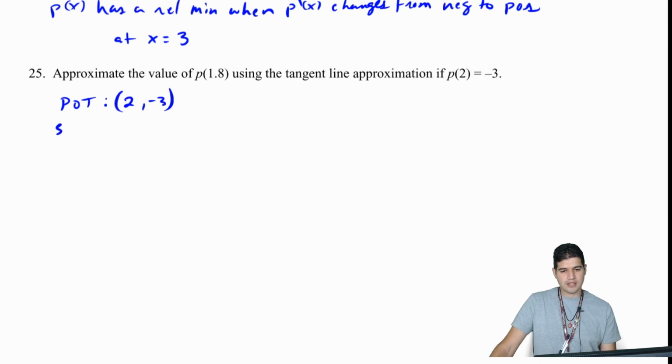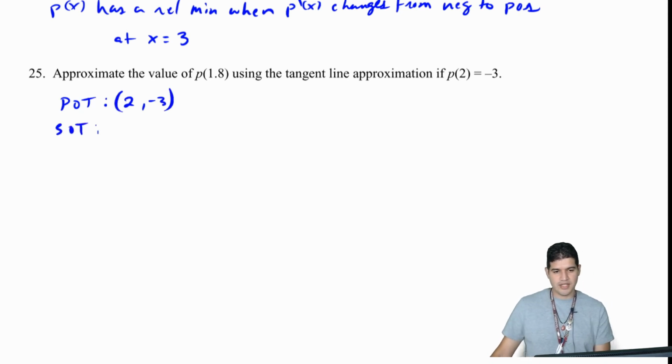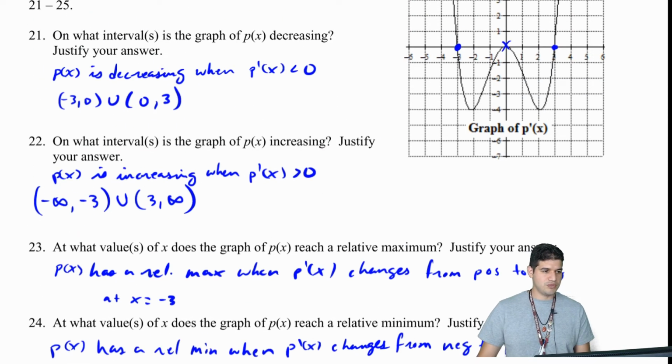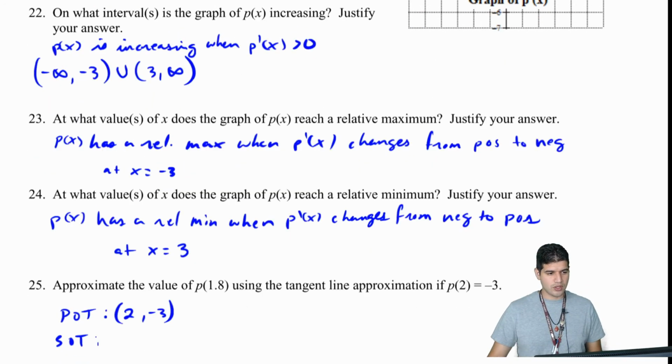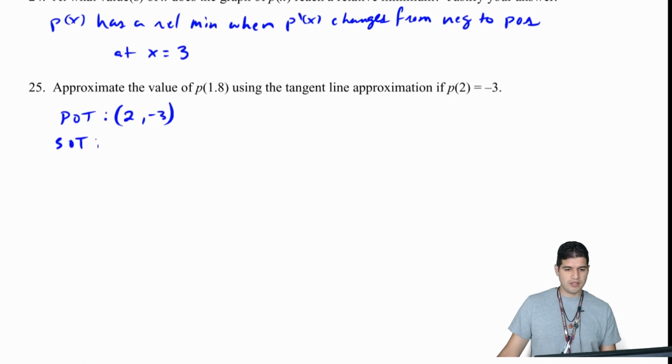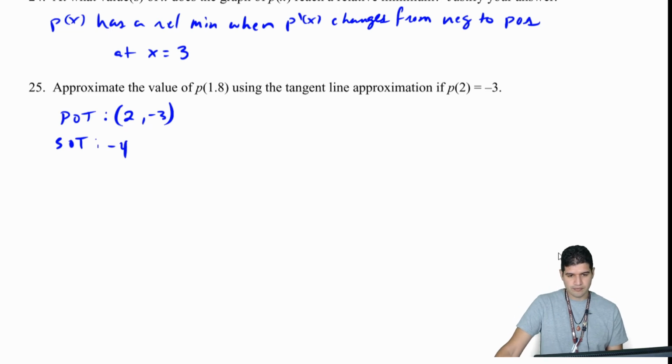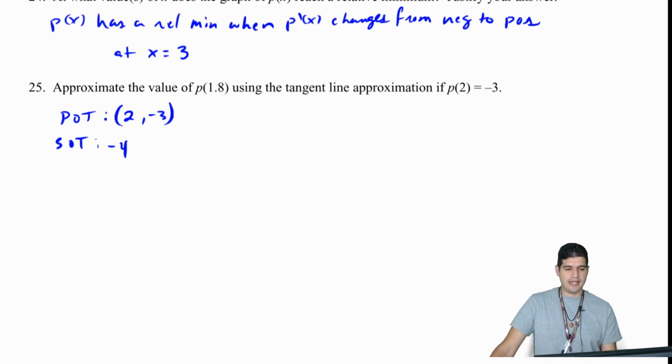My slope of the tangent line, I need to grab from x equals 2, and so p prime of 2, my slope, is going to be -4. Let's write out my tangent line equation: y plus 3 equals -4 times x minus 2.